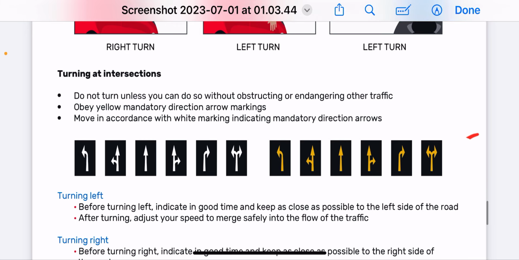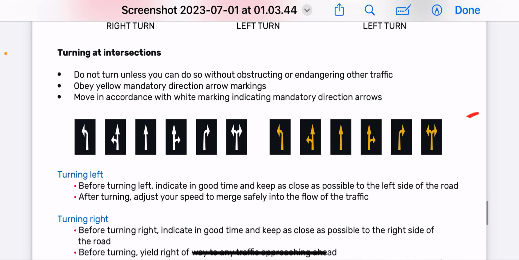Okay, now we can move on to turning at an intersection. Do not turn unless you can do so without obstructing or endangering other traffic. Okay? Obey the yellow mandatory direction arrow markings. You can refer to my video on the road surface markings to understand these mandatory direction arrows.